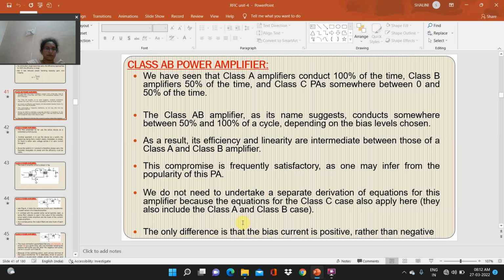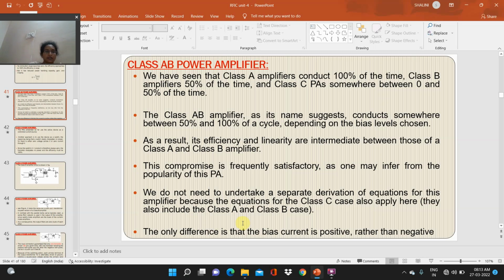Class AB power amplifier. We have seen that Class A amplifiers conduct 100% of the time, whereas Class B amplifiers conduct 50% of the time, and Class C power amplifiers conduct somewhere between 0 and 50% of the time.